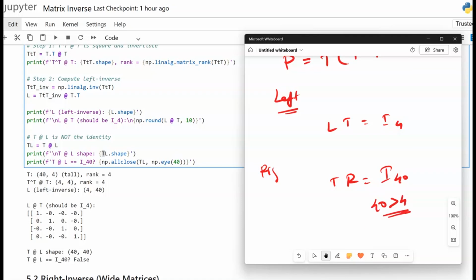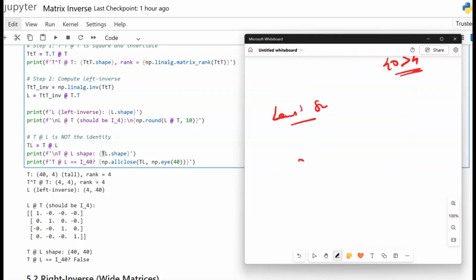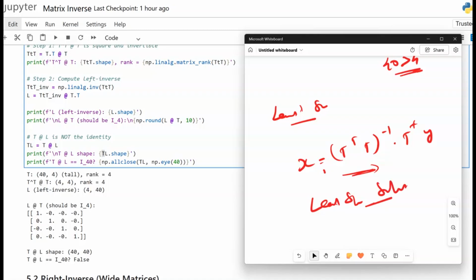And when we connect to least squares, we have the formula X is equal to (T transpose T) whole inverse multiplied by T transpose Y. And it exactly solves the least squares solution. And yes, dear friends, this code demonstrates how to construct a left inverse of a tall matrix.